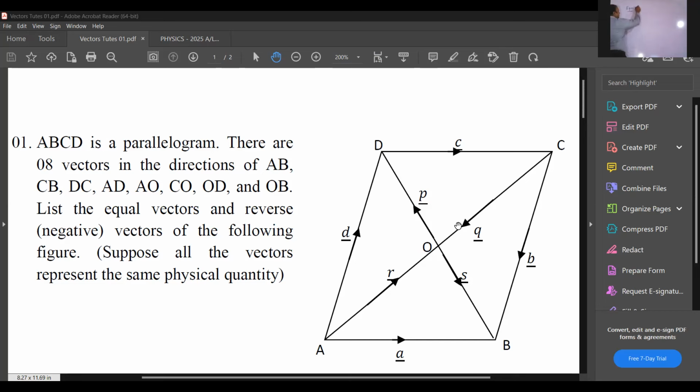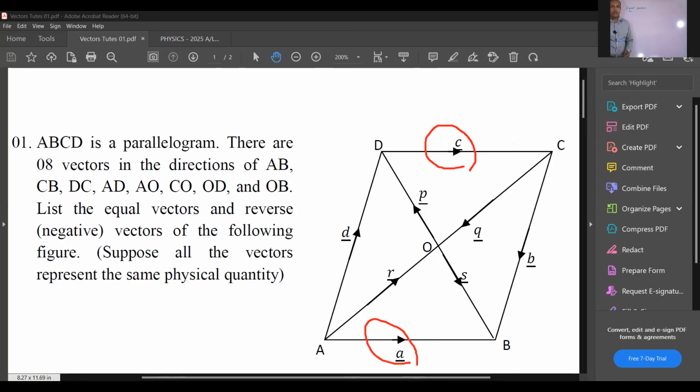You can clearly see this one and this one, A and C. As this is a parallelogram, the AB length and CD length are equal, because the lengths of opposite sides are equal.